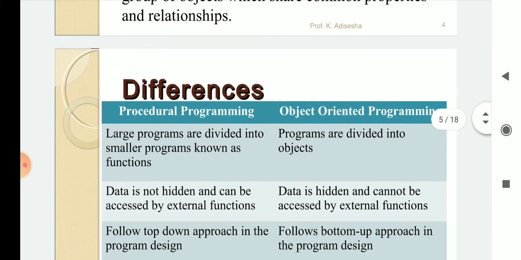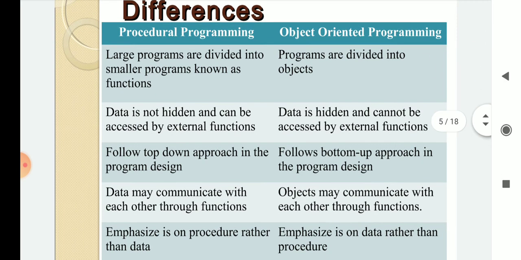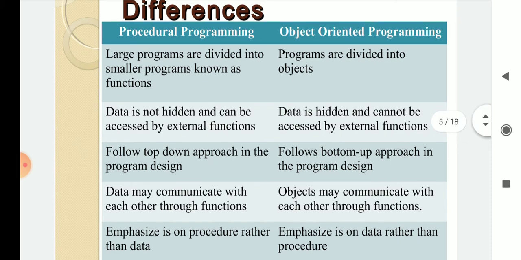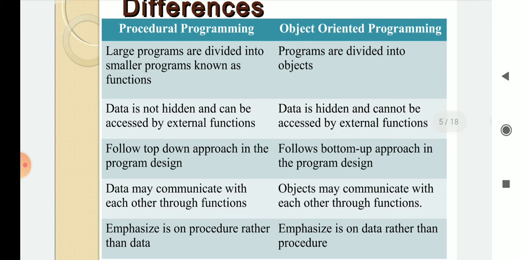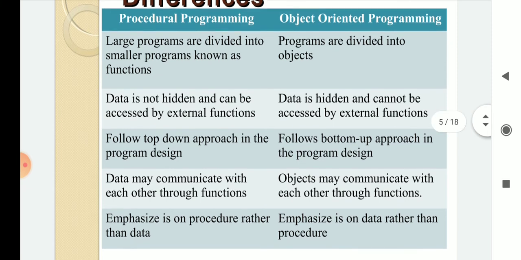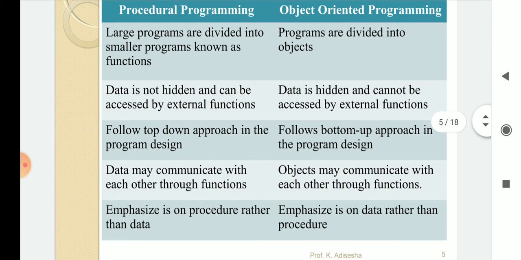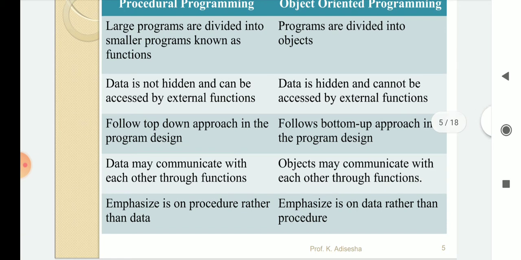Now what is the difference between procedural and object oriented programming? In case of procedural, a large program is divided into small programs, but in case of OOPS, programs are divided into objects. In case of procedural programming, data is not hidden, but in case of OOPS programming, data is hidden.